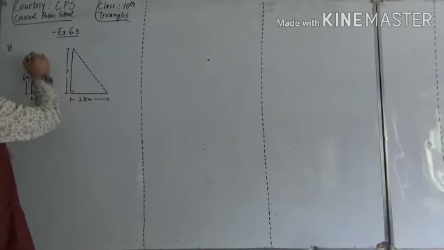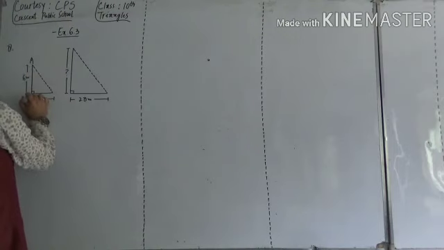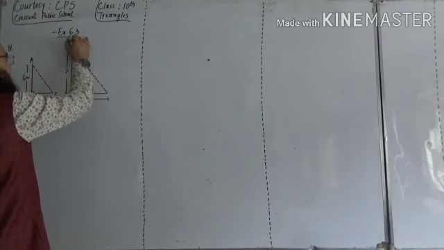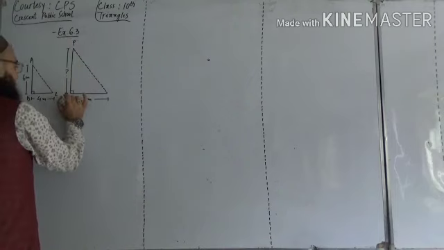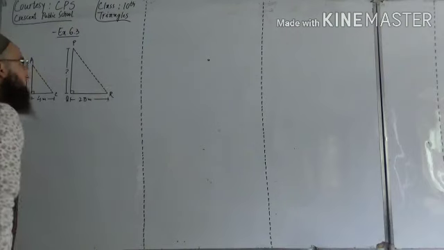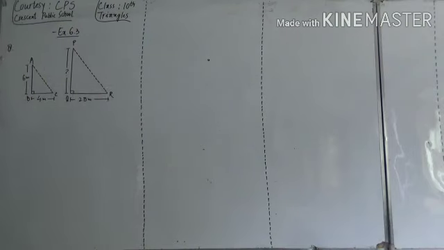Let us name them A, B, C and P, Q, R. Here what you observe, given.